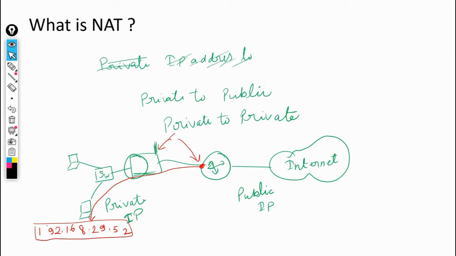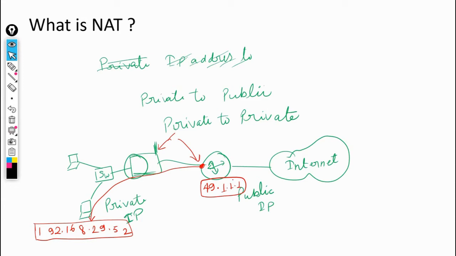So now what they will do, they will translate this 192.168.29.52 into some other IP address, that is 49 dot, I forgot it, but let me take it by default 49.1.1.1. It was some public IP, and it will be converted to this 49.1.1.1 IP.